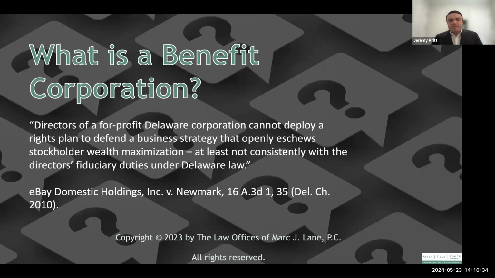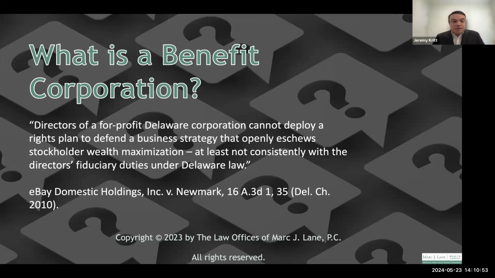The founder and CEO viewed their company as more than just a strictly commercial enterprise, as a public good, a community service. They got into a dispute with eBay, and ultimately they lost.